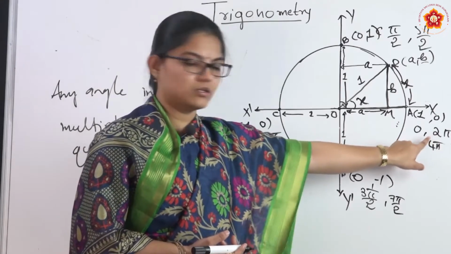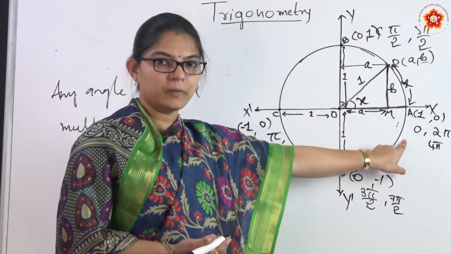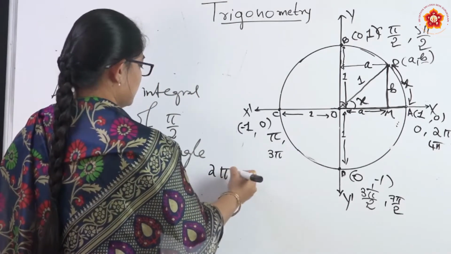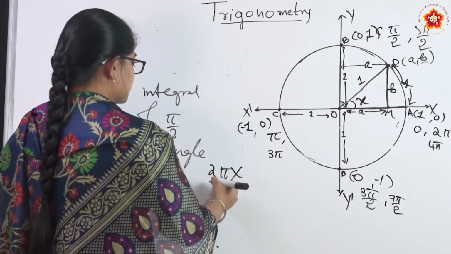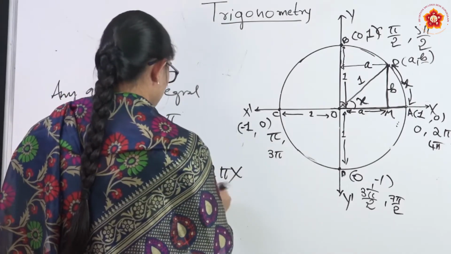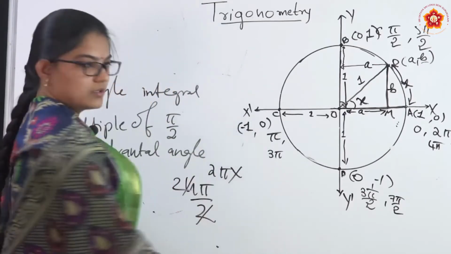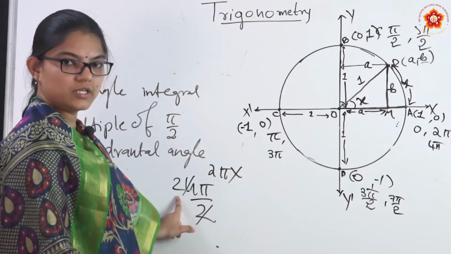And how can you express 2 pi? You can express 4 pi as 4 into pi by 2, correct?